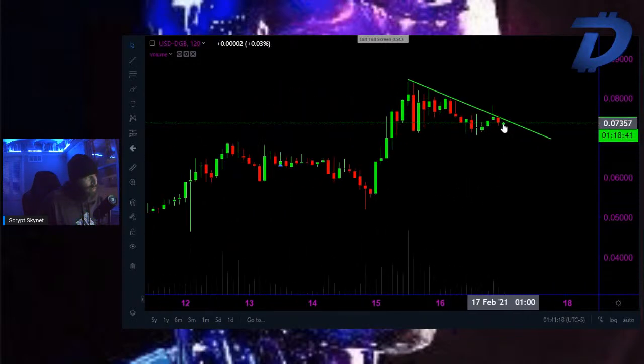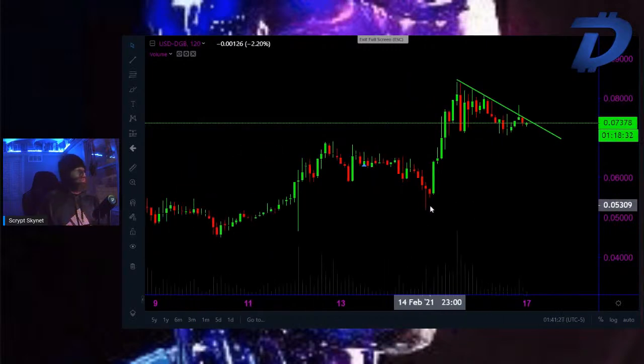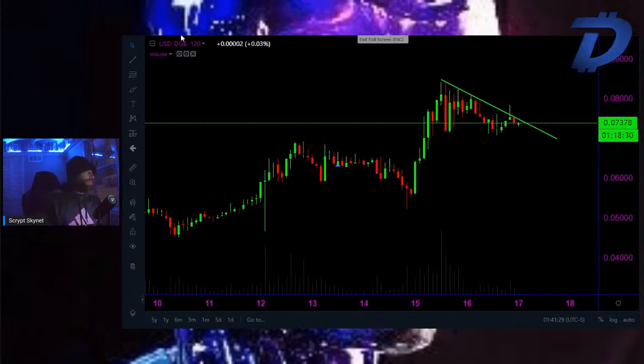Looking good. We're green now. Or are you just going to go like this and then break out? I don't know. Let's wait and find out. Let's see what you guys are talking about. Let's go all the way up to the top.